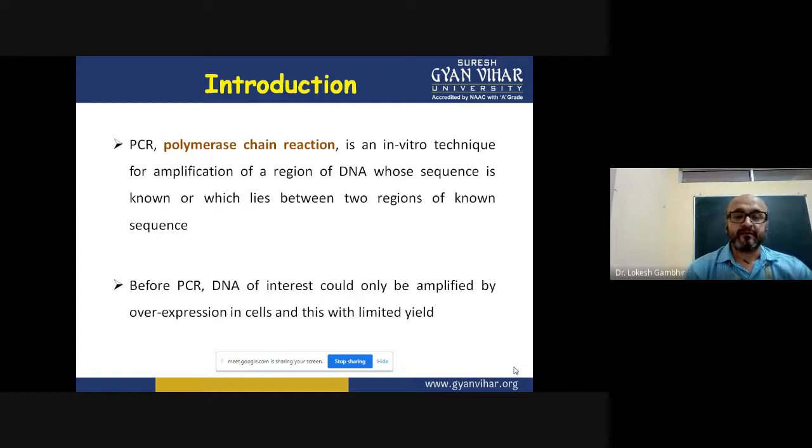Although PCR is used for DNA amplification, prior to PCR implementation, how was the scientific community able to amplify DNA?